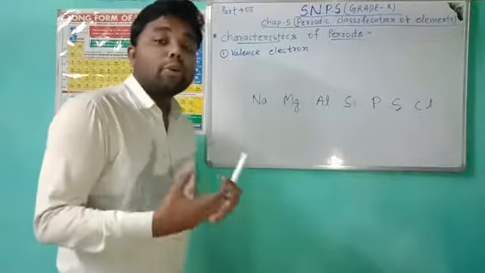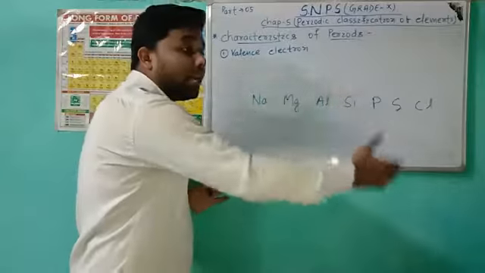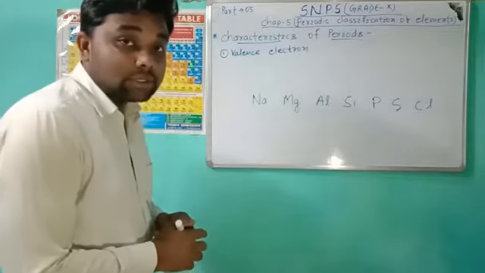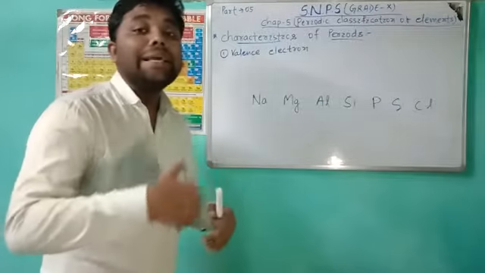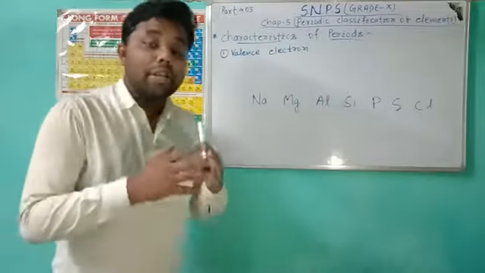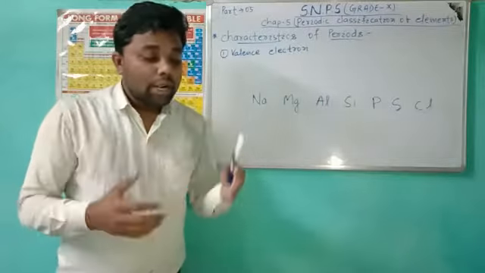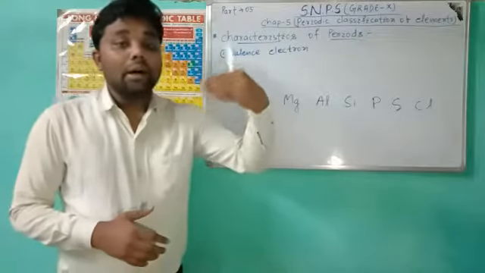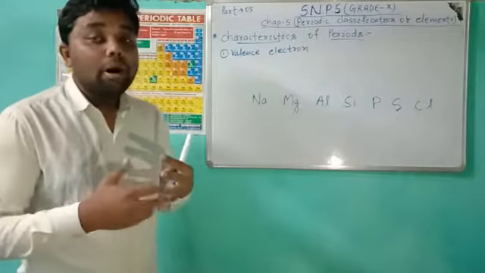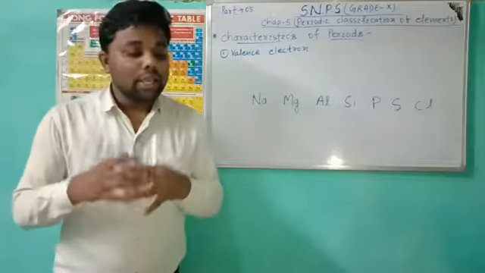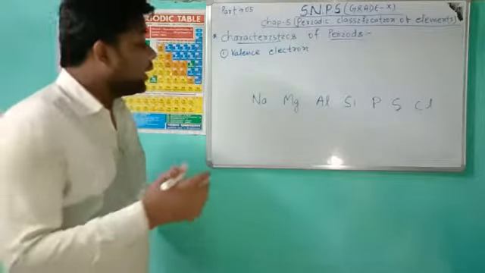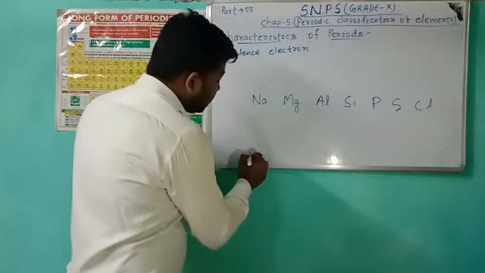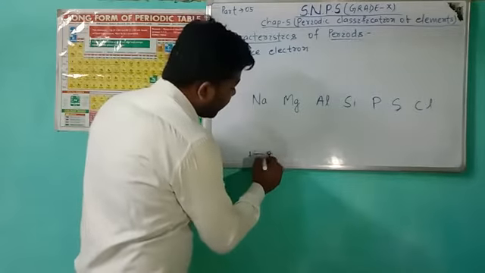So when we go left to right in the periods, the valence electron increases. What happens when we move left to right in a period? The number of valence electrons in elements increases, and it increases from 1 to 8.